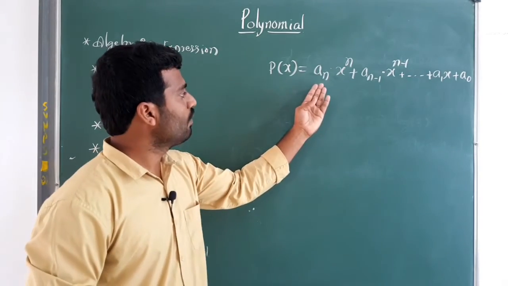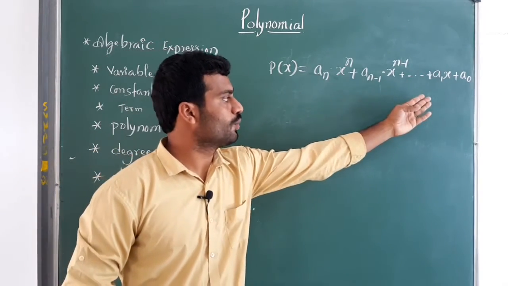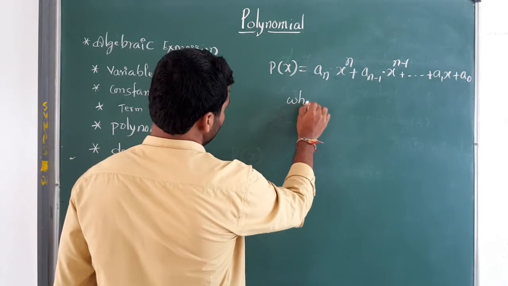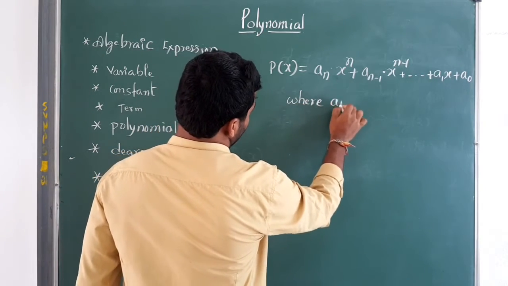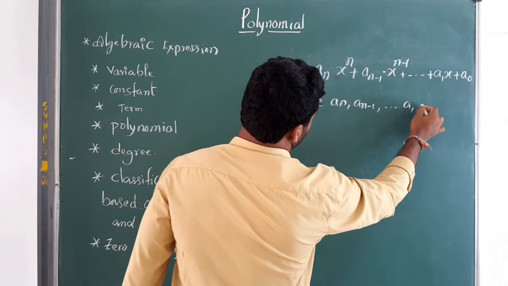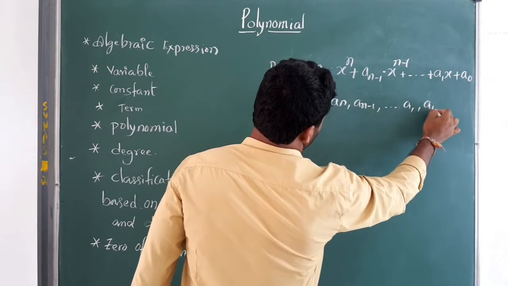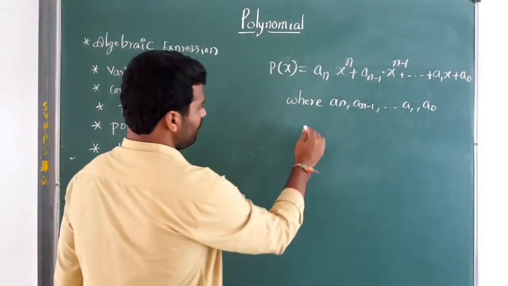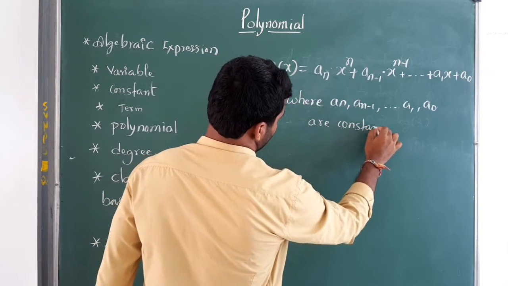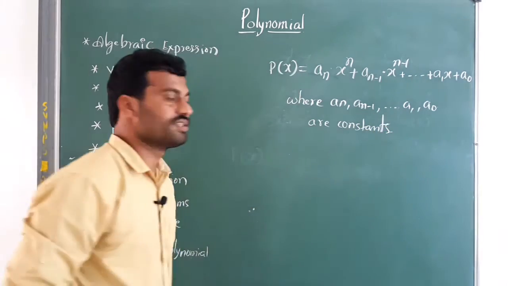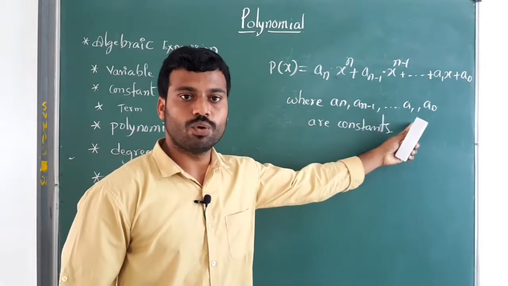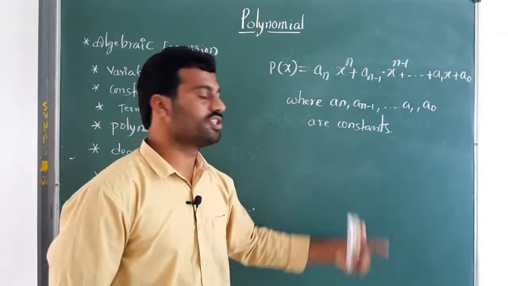Here a n, a n minus 1 and so on, a1, a naught are the constants.